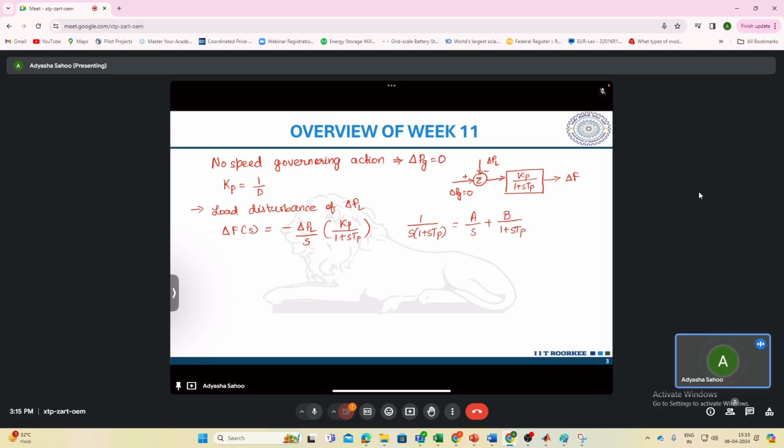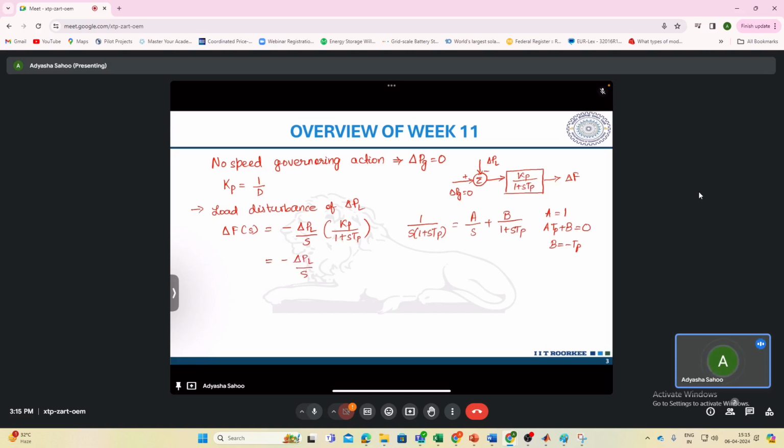And here if you equate these two equations, what you will be getting is A is 1 and A Tp plus B is 0. So substituting A as 1, you will get B as minus Tp.